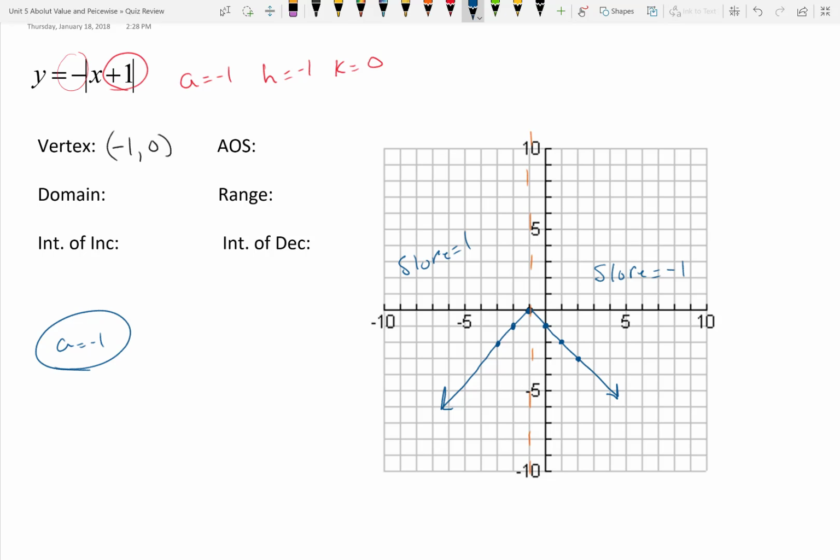But let's just say we had also, let's rewrite this, y equals negative of the absolute value of x plus 1. And we'll give this one a vertical shift. We'll go up 3, which gives us a vertex of -1, 3.